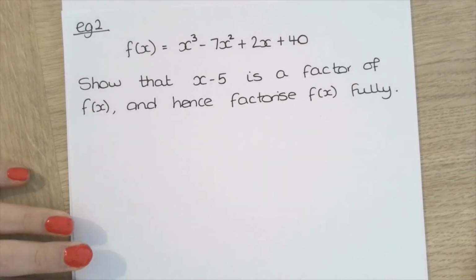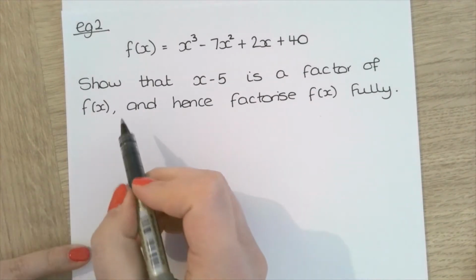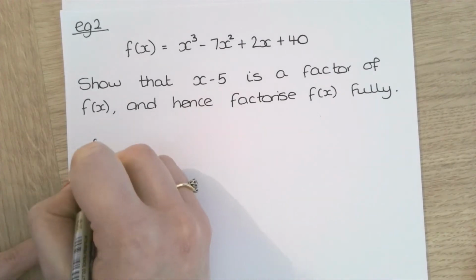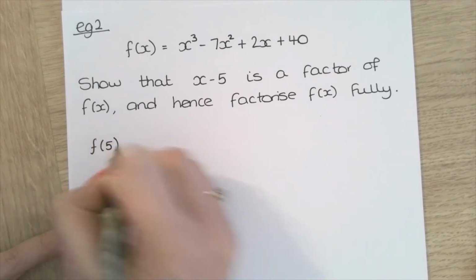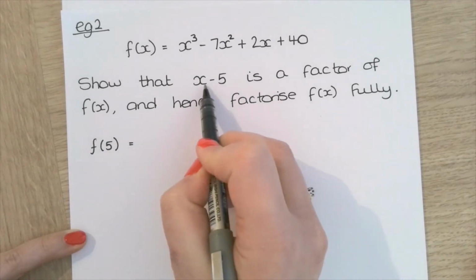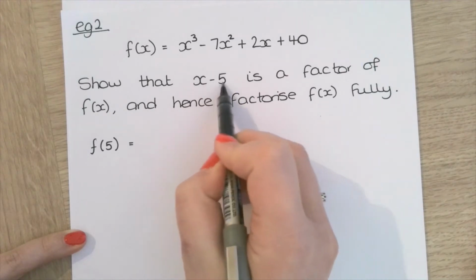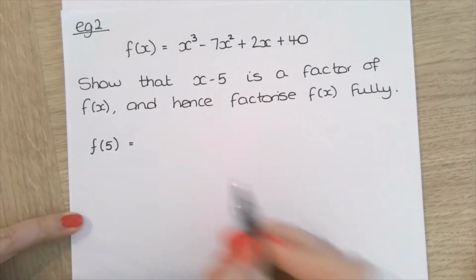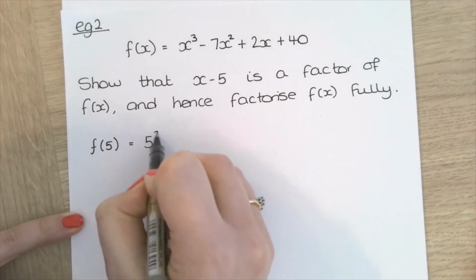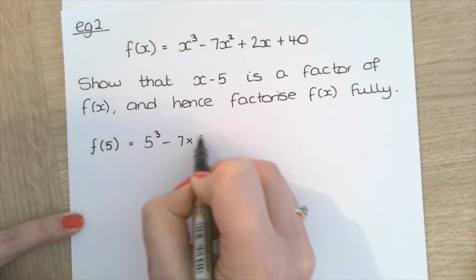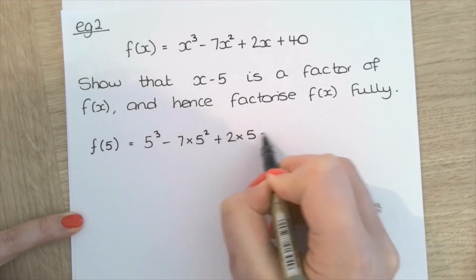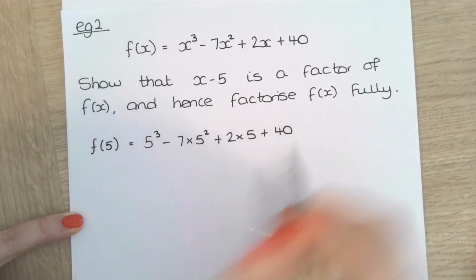So what I'm going to do is I'm going to do f of 5. As I say, take the opposite of what you've got here, so I'm going to substitute in 5. So I'm going to end up with 5 cubed minus 7 times 5 squared plus 2 times 5 plus 40.